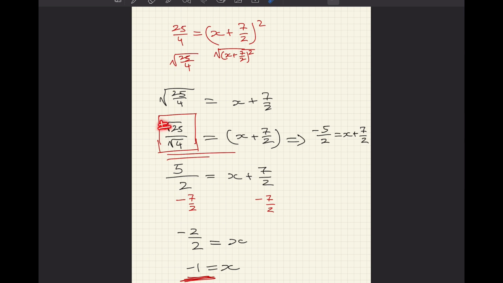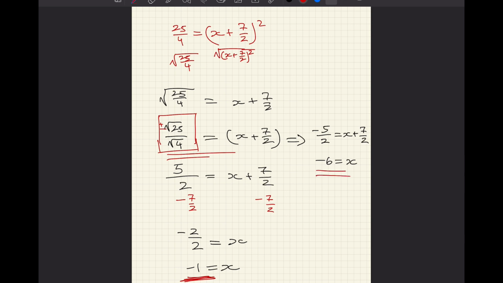All you need to think about is whenever we square root a fraction, we can either have the fraction as positive or as negative. So we need to solve now for the negative fraction. So −5/2 minus 7/2 is going to give us −6 equals x.